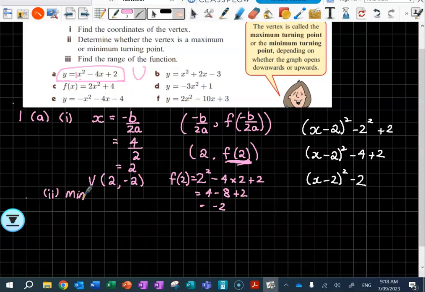Happy days? Okay, new word for us, the range. The range, they are the y values. So what possible values can your y take?